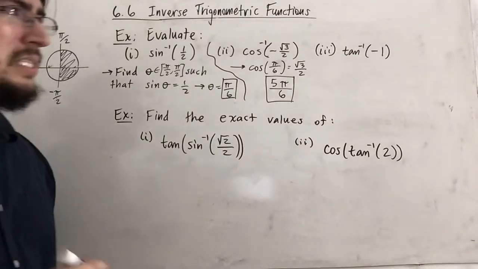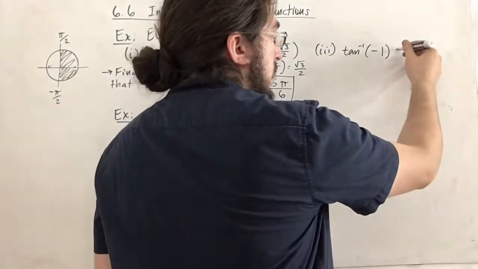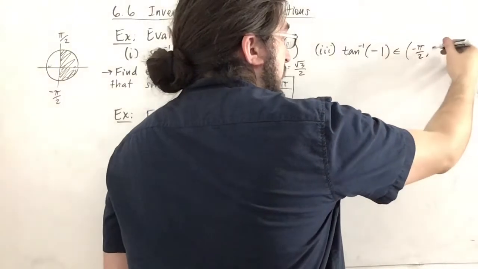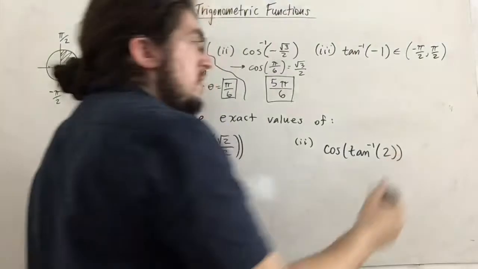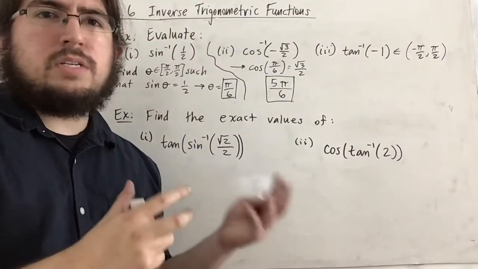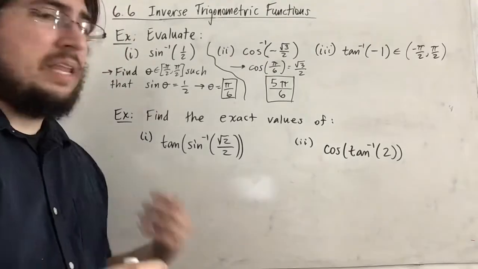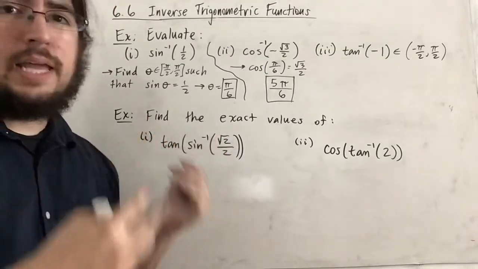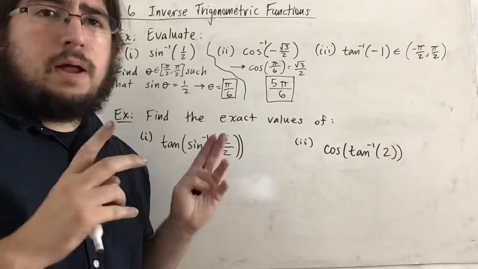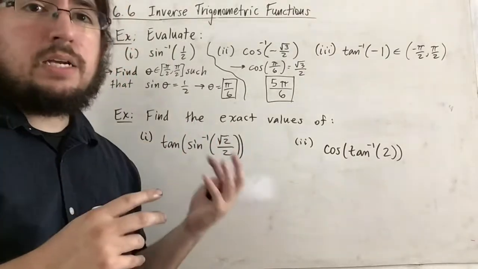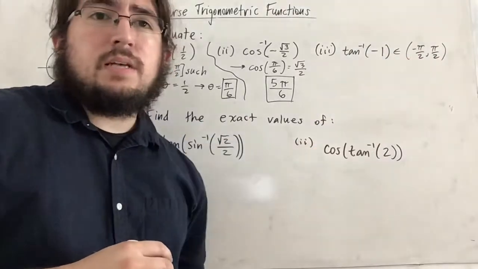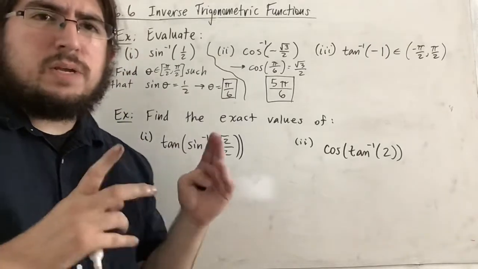The other thing is that, remember, the range of tangent inverse is going to be in between negative pi over 2 and pi over 2. So even though we think of things in the fourth quadrant to be kind of large angles in radians, think of like 11 pi over 6, for instance, or let's say 7 pi over 4, the problem there is that even though those are actually in the fourth quadrant of the unit circle, they won't be in this interval here. So you have to be kind of careful.